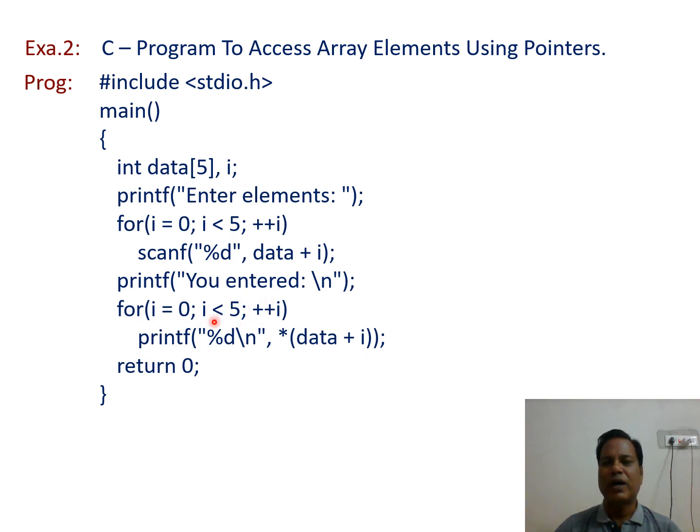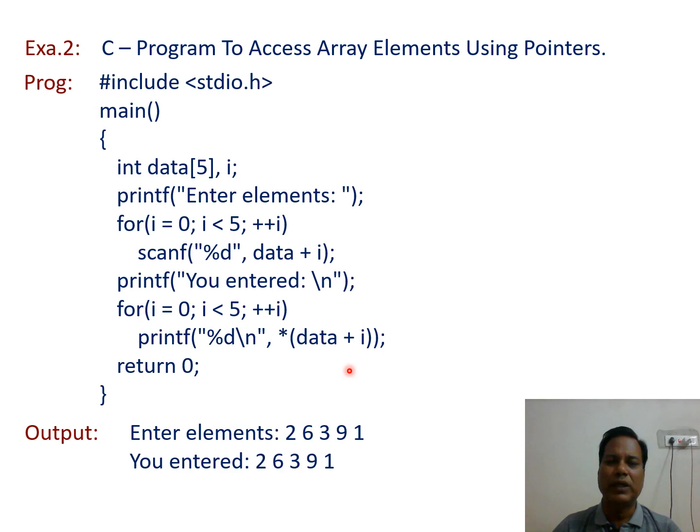So the second time also the condition is true. So again the printf statement is executed and the second element is printed. So in this way, using the array name as a pointer, we can access elements of the array and their values can be stored as well as printed.